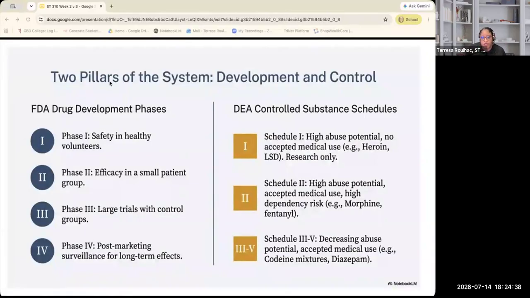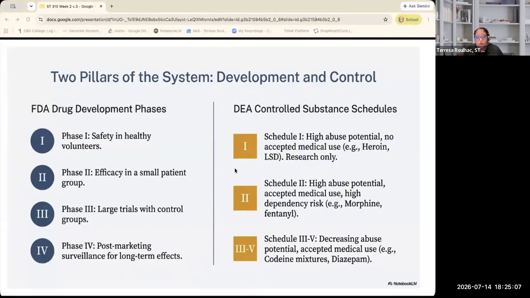Now, we get into our pillars. If you would like, please take a screenshot of this particular slide, okay? The reason I say that is because I want you to really be able to feel comfortable with this particular information. Long before a medication ever reaches the operating room, it's tested.